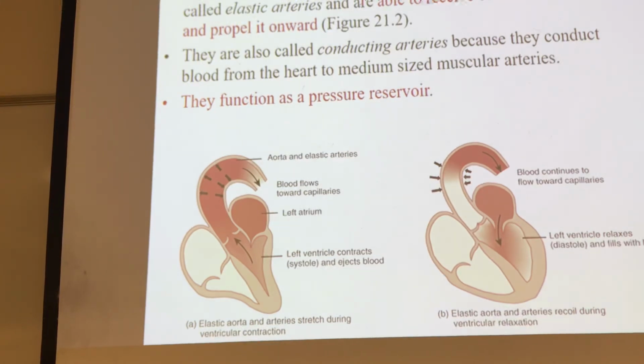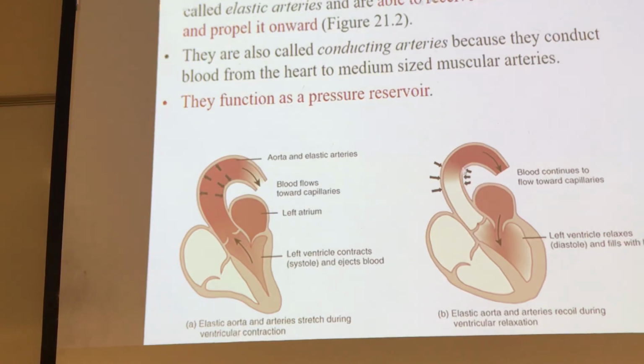As it snaps back, it can eject blood forward and backward. Some blood goes forward as a result of the aorta snapping back from the stretch. Some of the blood that hasn't made that turn yet goes backward.